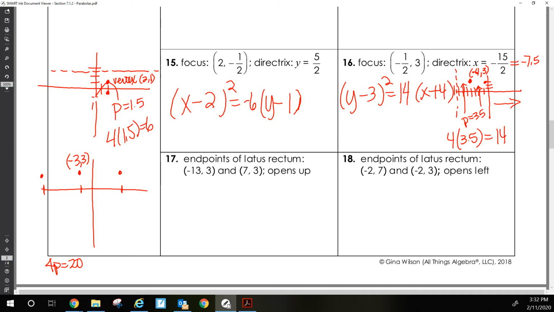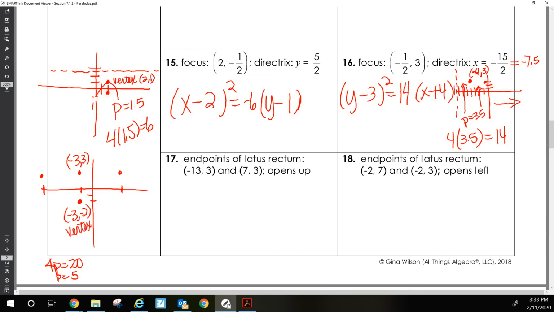It's telling me it opens up, so my vertex is going to be beneath that. We've got to figure out how far beneath my focal point my vertex is. Well, 4p is 20, so p, if I divide that by 4, is going to be 5. So from my focal point, I'm going to go down 5. So down 3, down 2 more, and here's my vertex at (-3, -2).